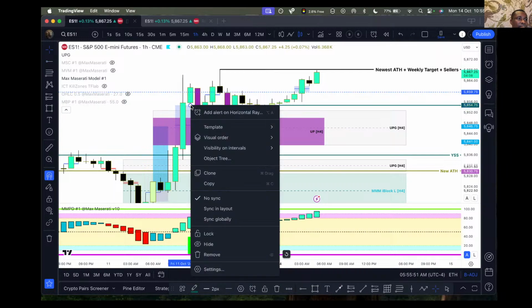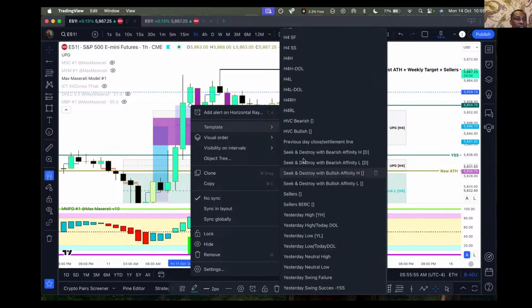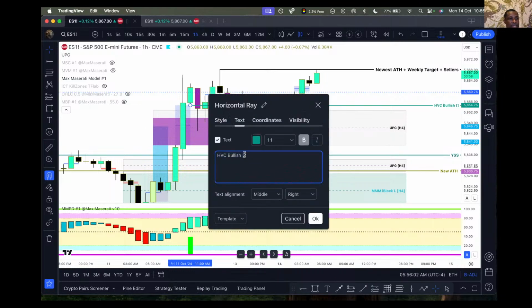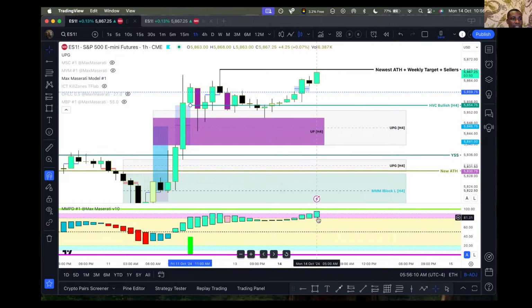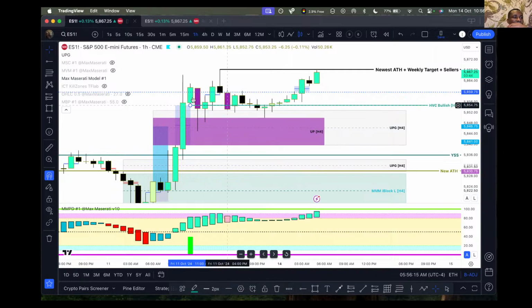Once this HVC, this is my HVC bullish, is violated, the candle that violated the low of the HVC will be my HVC1.